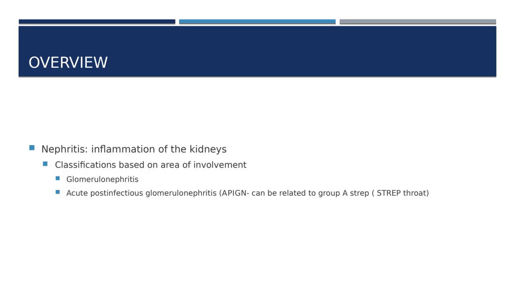A GFR greater than 60 tells you that you have adequate excretion of urinary waste products. With acute strep throat or acute glomerular nephritis, you're going to have a GFR on the low side, because that inflammation is preventing your kidneys from being able to get rid of waste products. All right.